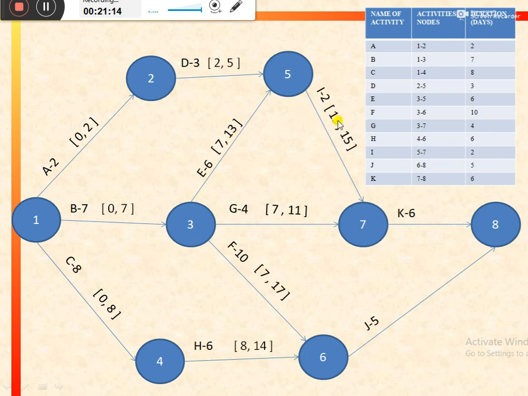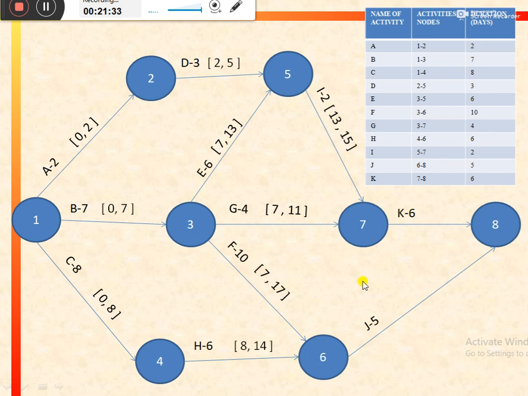So it is 13. So 13 would be the starting point for activity I, and earliest finish would be equal to 13 plus 2, that is 15.